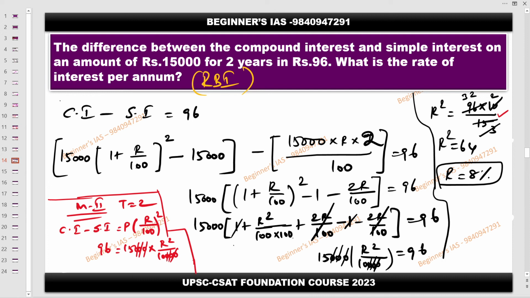For 3 years also there is a formula, but it's quite difficult to remember. If you know this and practice using it, surely you can apply it. For 3 years, CI minus SI is P into (R by 100) the whole square, and extra there will be R by 100 plus 3.